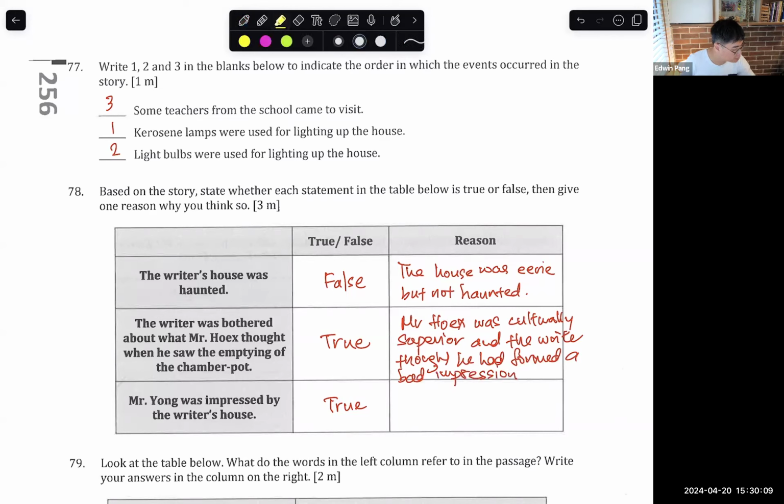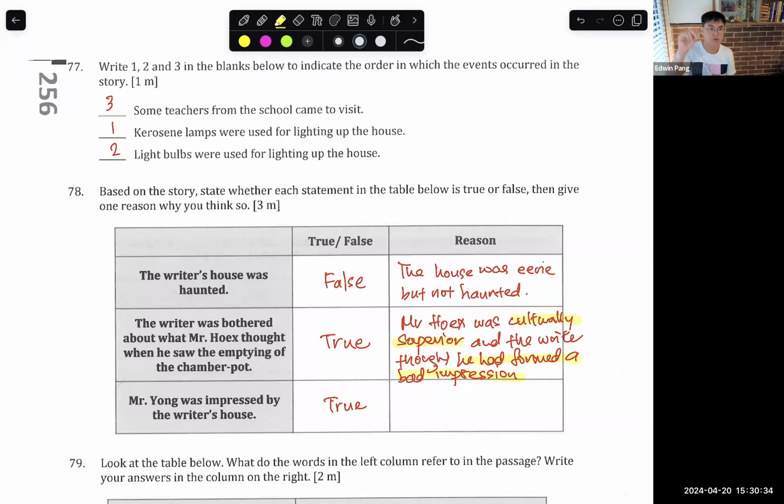So there are 2 points here. The fact that he's culturally superior means the writer looks up to him, sees him as more important than herself. And because he's such an important person and he saw this, he probably formed a bad impression of them, which made the author feel very bothered. So 2 steps.